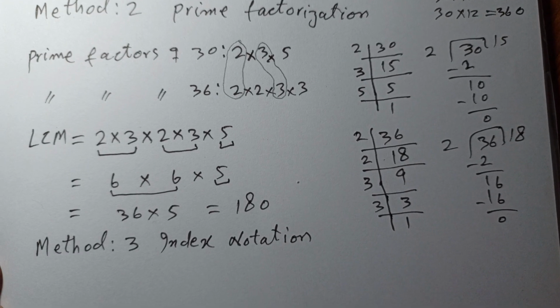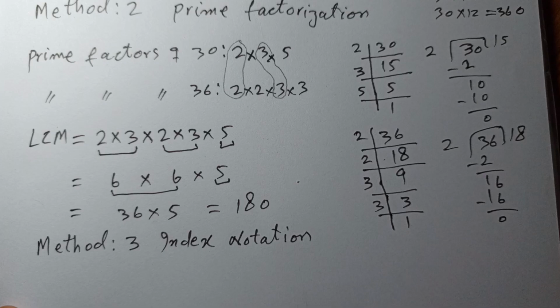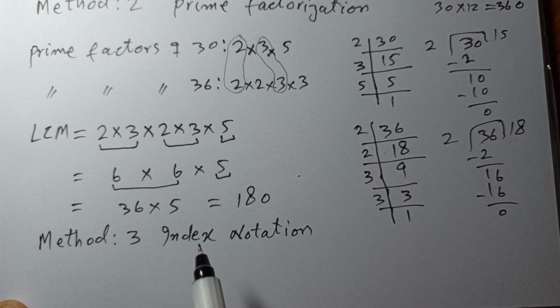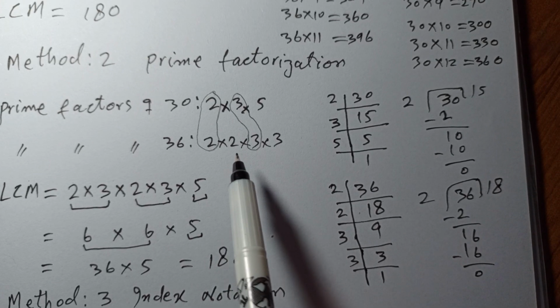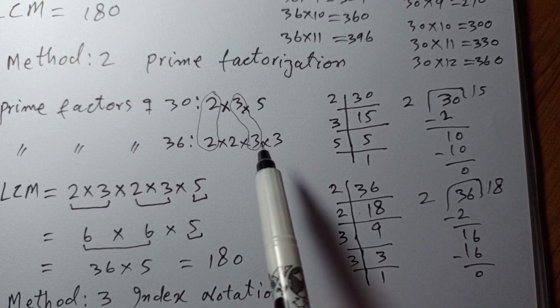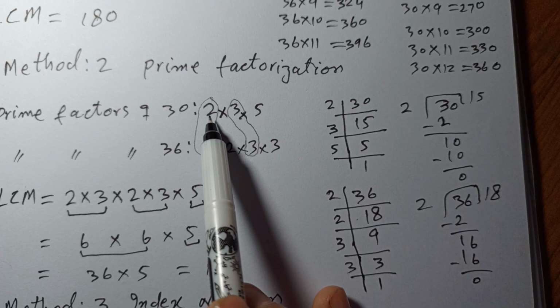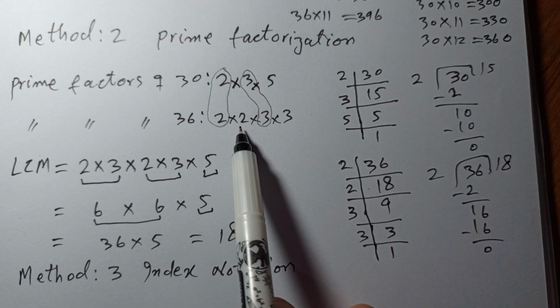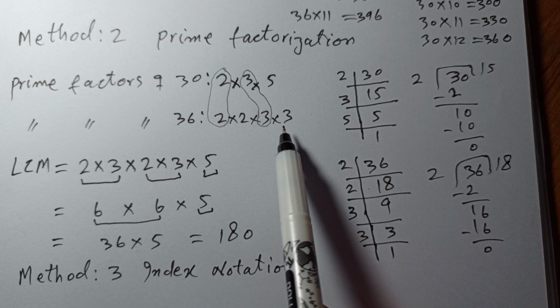Dear student, now see the third method, index notation. To get index notation, you will write these in the form of index notation. You will see here that 2 is 1 time, 3 is 1 time, 5 is also 1 time, while here 2 is 2 times and 3 is also 2 times.